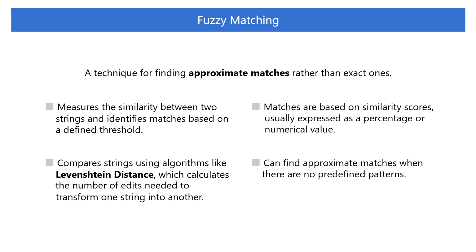Fuzzy matching compares strings using algorithms like Levenshtein distance, which calculates the number of edits needed to transform one string into another. Matches are based on similarity scores, usually expressed as a percentage or a numerical value. So, fuzzy matching can find approximate matches when there are no predefined patterns.